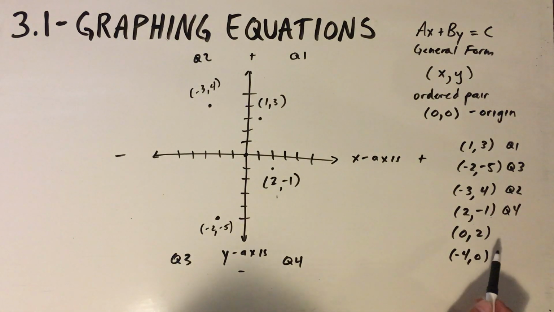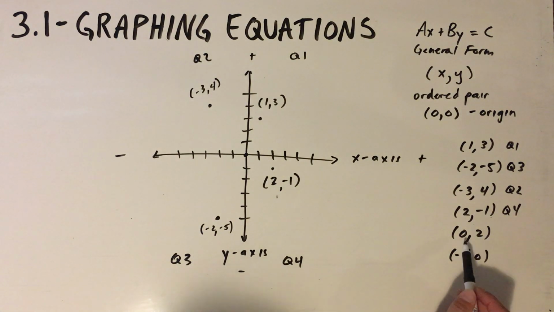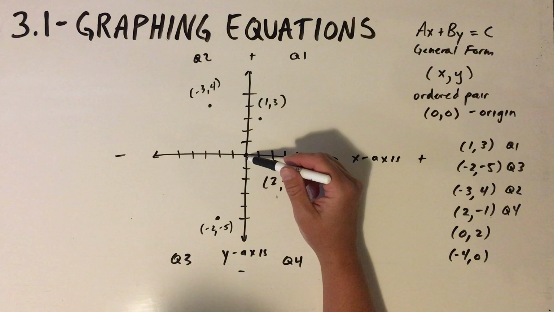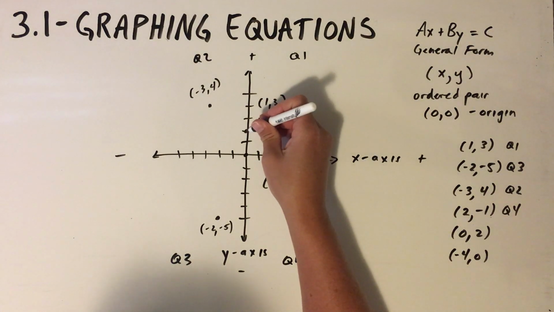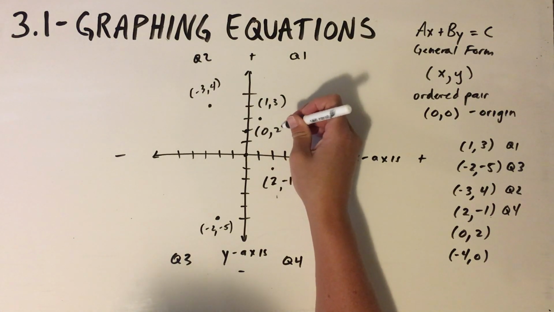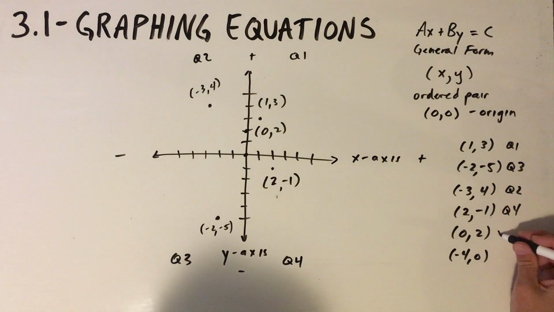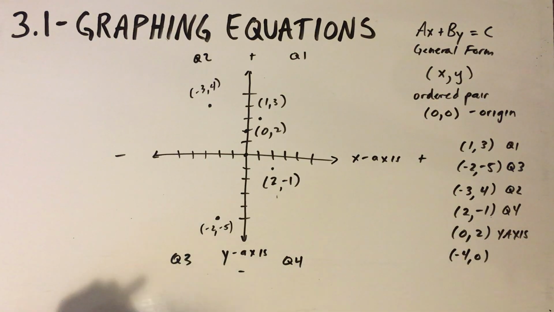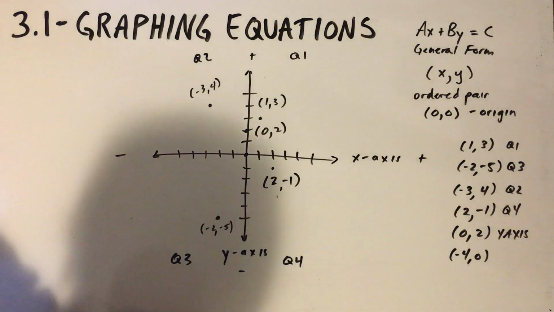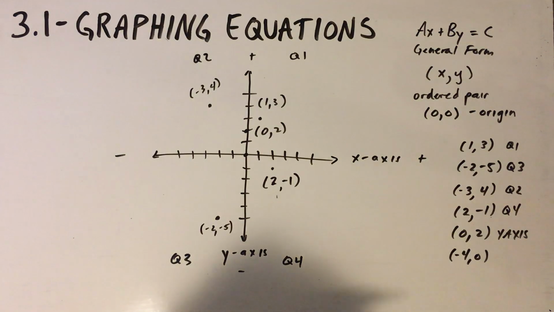Then also, this point 0, 2 means that I don't move at all in the x direction, but I move up 2. So this is the point 0, 2. Notice this is not in a quadrant, this is on the y-axis. So when x is 0, you are on your y-axis.